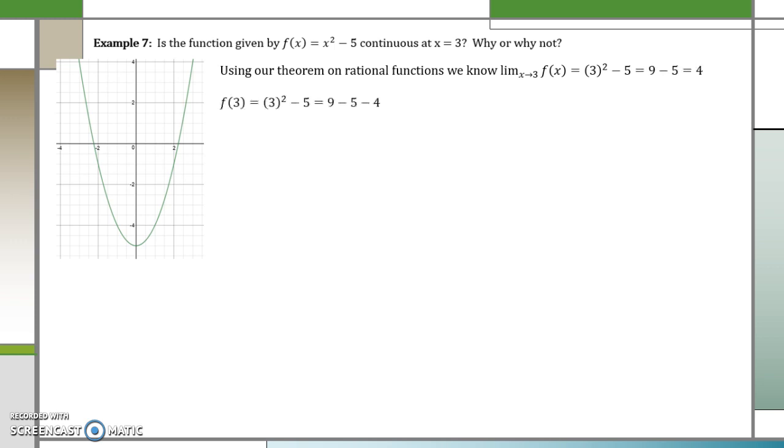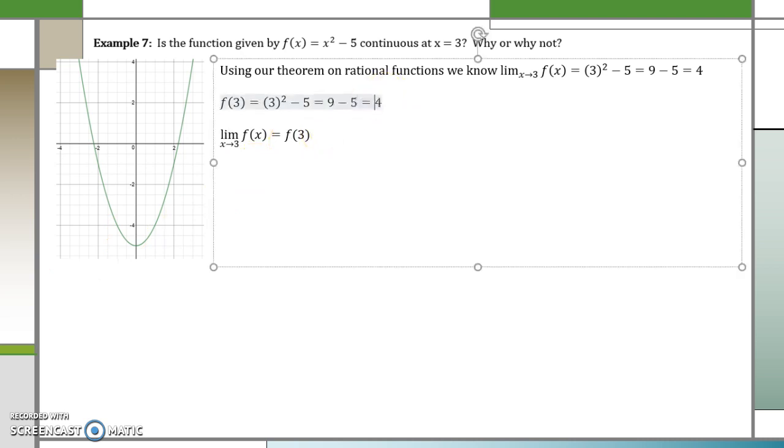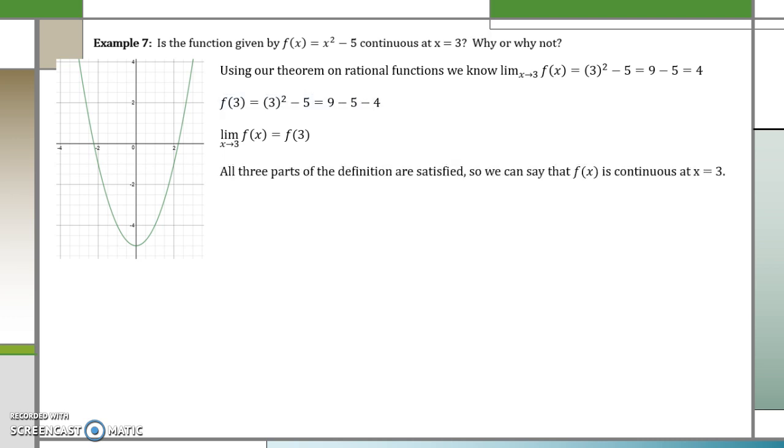Now we can plug in f of 3, giving us 3 squared minus 5, which is 9 minus 5, which equals 4. And since the limit as x approaches 3 is equal to f of 3, we can say that all three parts of the definition are satisfied and that f of x is continuous at x equals 3. Visually, we can see this as well.